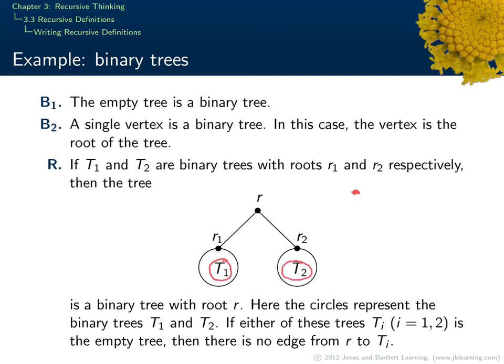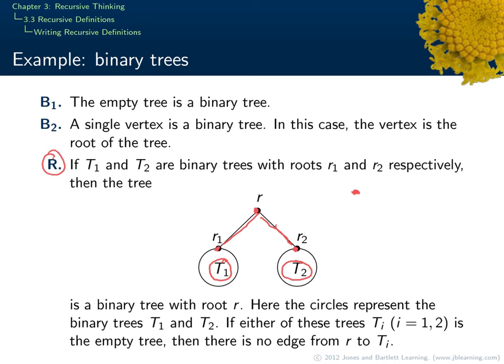And I want to now make a new and more complicated binary tree. So I find the top vertex of each of these existing binary trees, and then I form a new vertex R above those 2 and connect R to both of the top vertices in the existing binary trees using these edges. Then I have formed a new and more complicated binary tree.